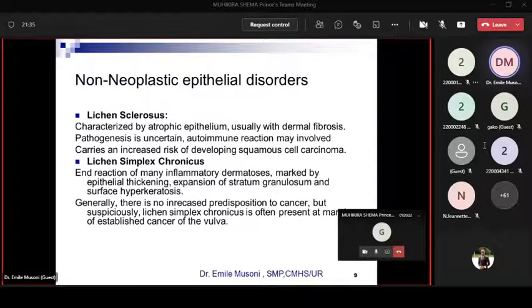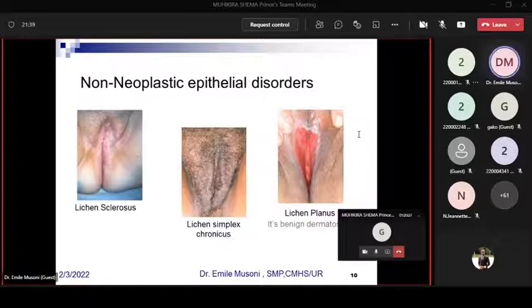This one, you will see again in dermatology. But you can see some images of those lichen sclerosus and lichen simplex chronicus. This one is like a disease of the skin. We see them again in dermatology.